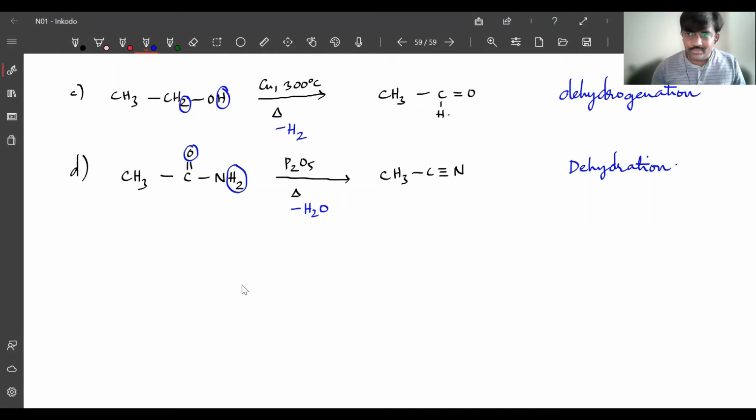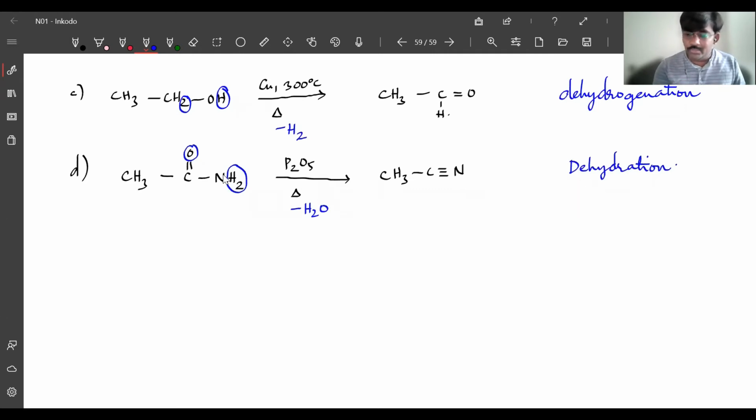So in all these cases, what happened? From the adjacent atoms we removed a small molecule, like hydrogen or a water molecule. There are certain reactions where we remove the molecule from the same atom.